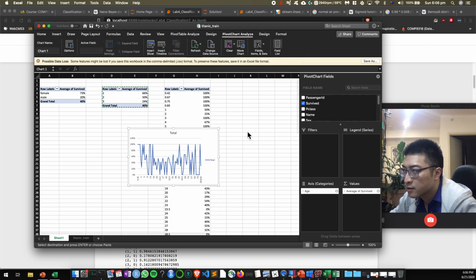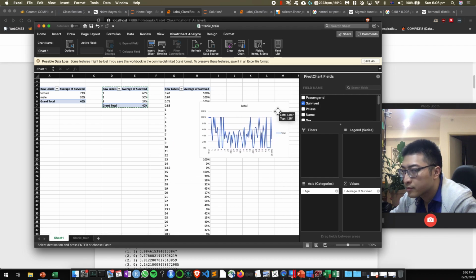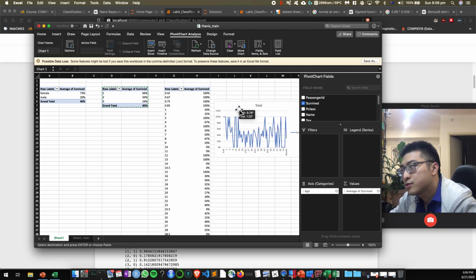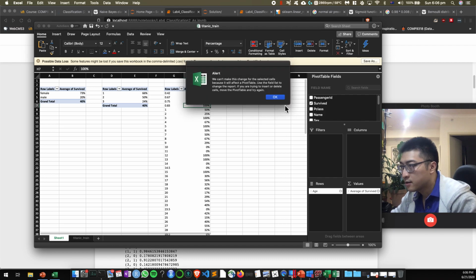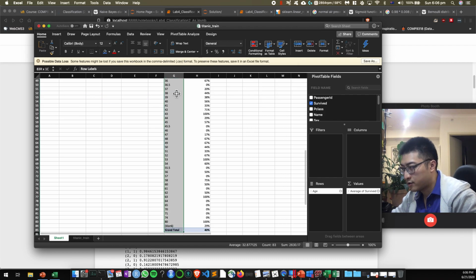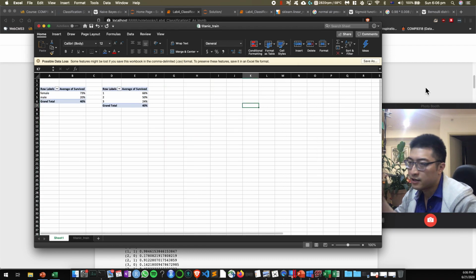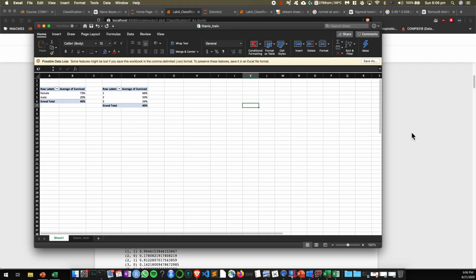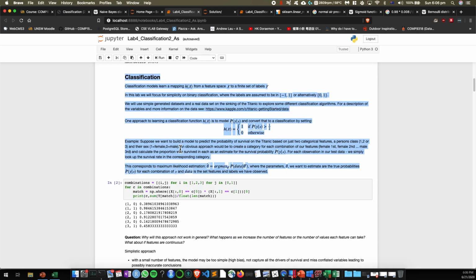Let's see if there's any link, right? What's on the x-axis? No, it's not the right way to do it. Anyways, that's a view of the data set, right?